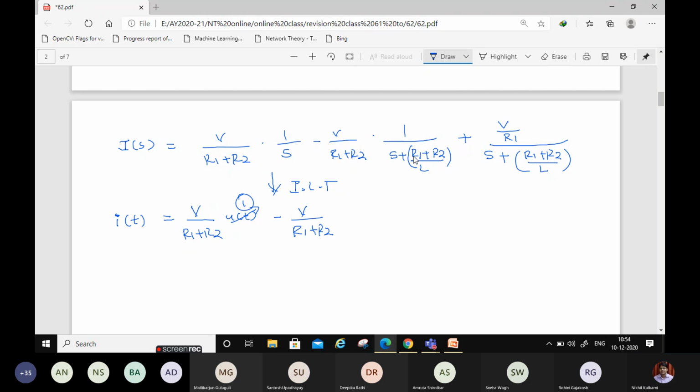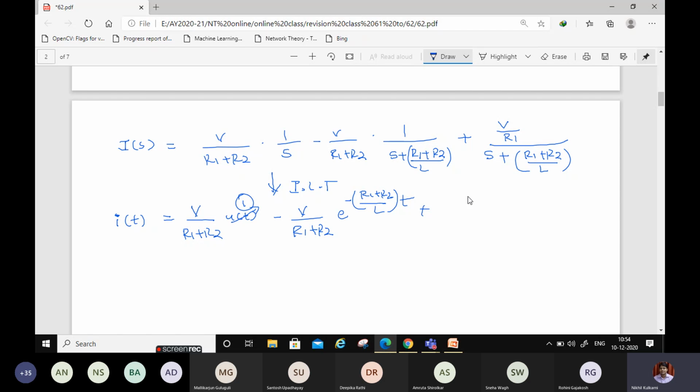Now 1 divided by s plus a, how do we write it? It is e to the power minus at, right? So a is r1 plus r2 divided by L, and we can write e to the power minus (r1 plus r2) divided by L into t.